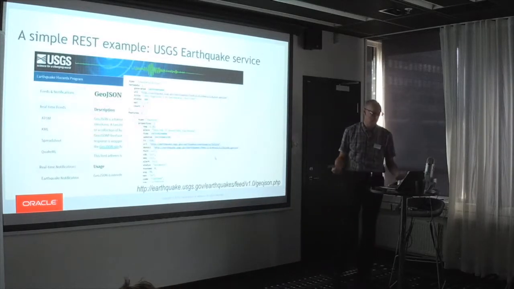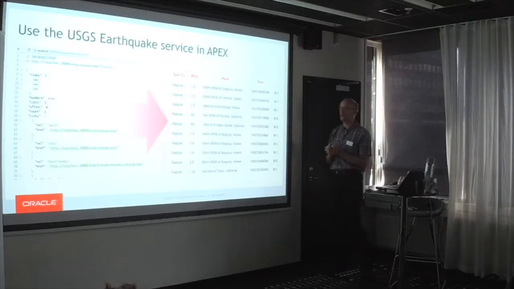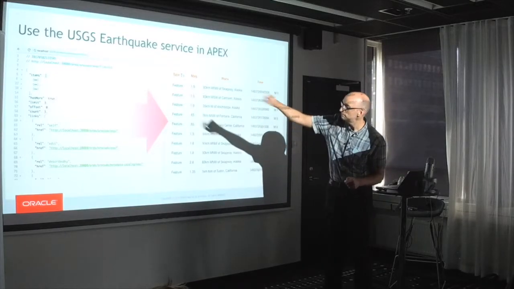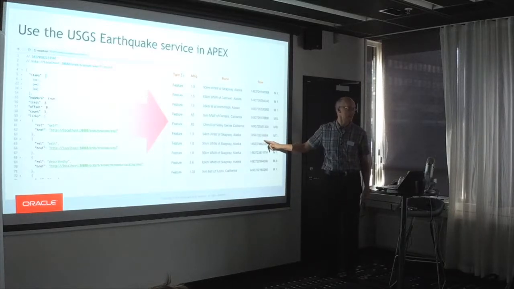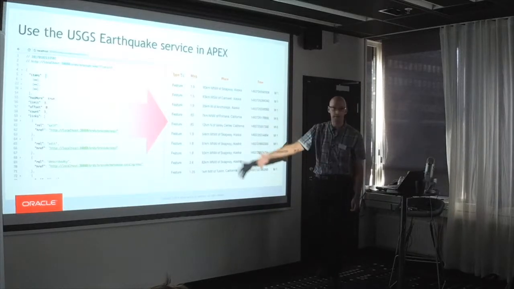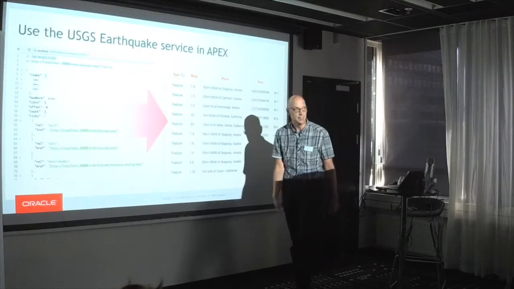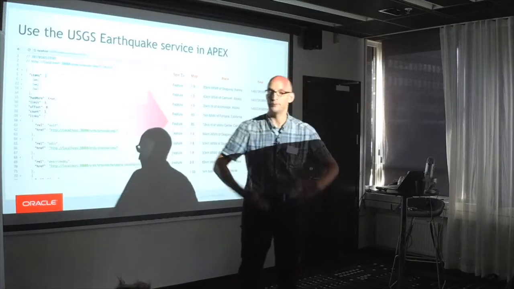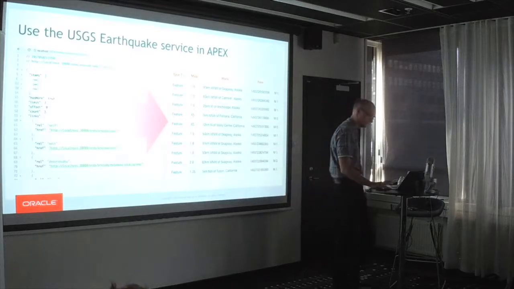So that is the earthquake example again. And when we think about a report, then this is our goal, right? We have the JSON, and we want to have a nice classic or interactive report showing the data in a user-friendly form. When we have it within the report, we can even think about doing some fancy formatting and preparing the data for the end user, just as Shakib just showed us.